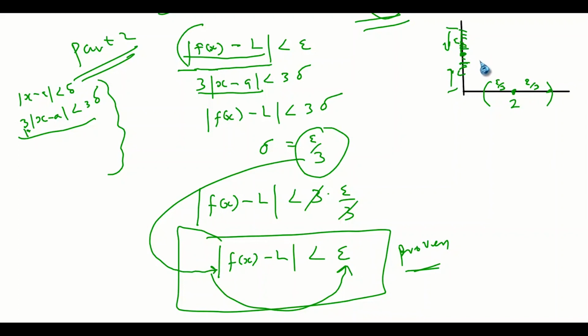So this epsilon over 3 automatically gives us an output which is less than epsilon. Let's say epsilon is from here to here, so the whole of this is epsilon, and the point will be less than the whole of epsilon. You understand? That is what I'm trying to explain.